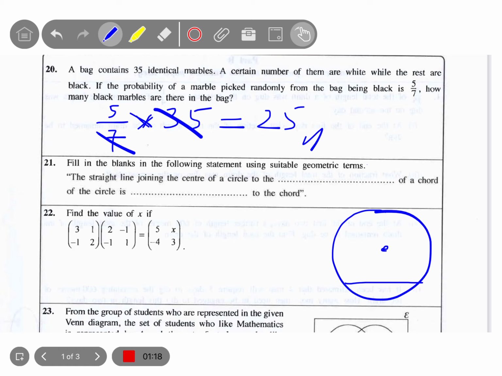Okay, so what it could mean is the straight line joining the center of a circle to the middle of a chord.